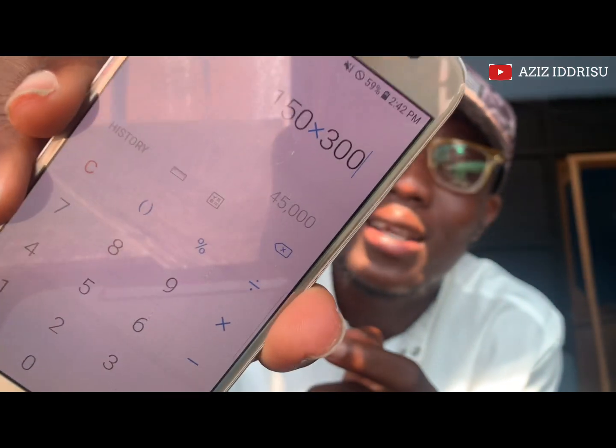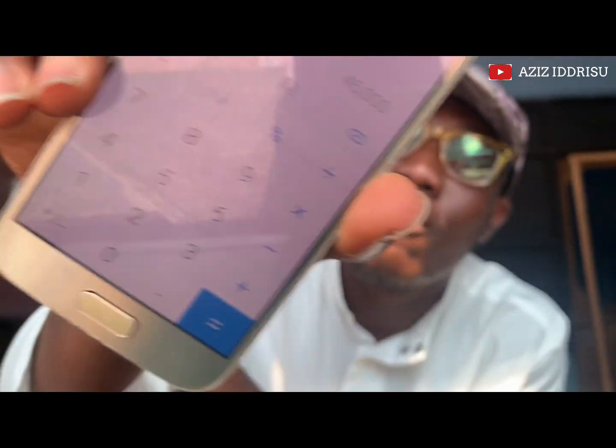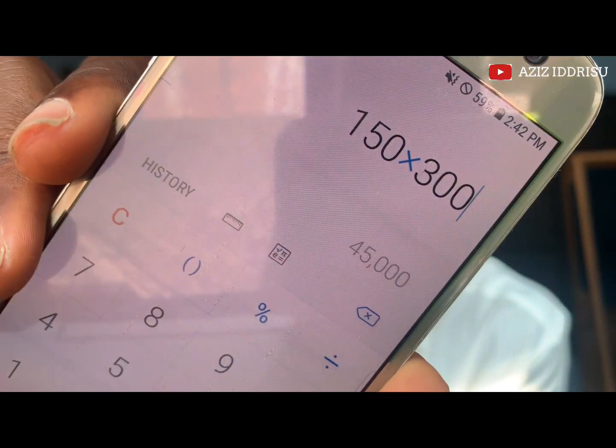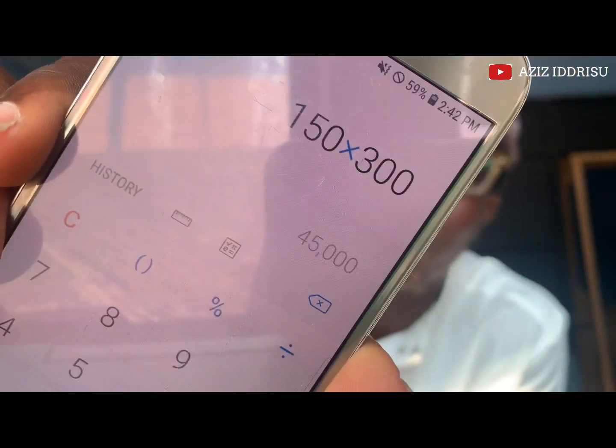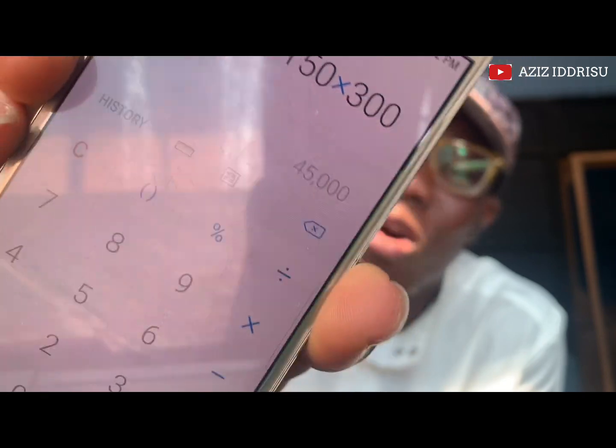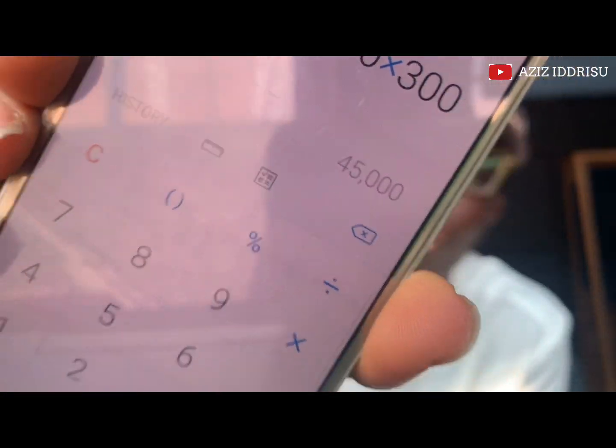And let's take a look at the 150 by 300. That gives us 45,000, which is less than the 225 by 225, which is the acceptable one. So it means your building is more likely to fail with this column.